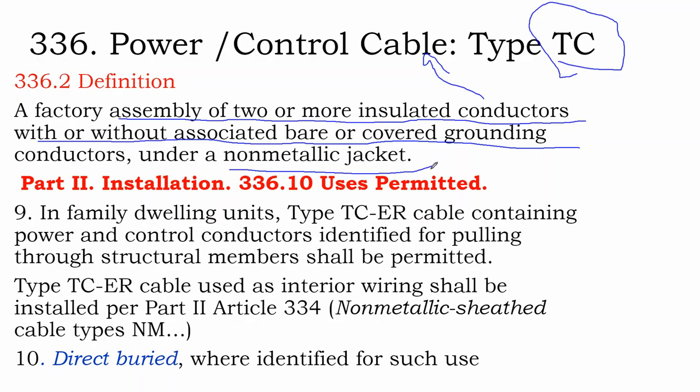So MC cable is metal clad cable. TC cable is generally plastic without the metal cable. You might put it in a metal enclosure. It says TC-ER cable is permitted as interior wiring. It's a non-metallic sheathed cable. It's also robust so that it can be direct buried. It gets that outdoor rating as well.